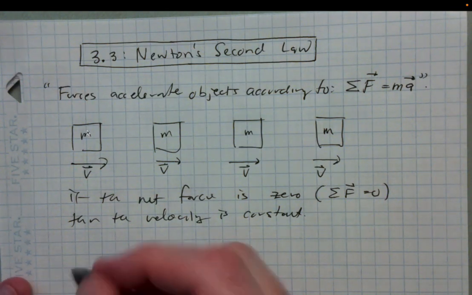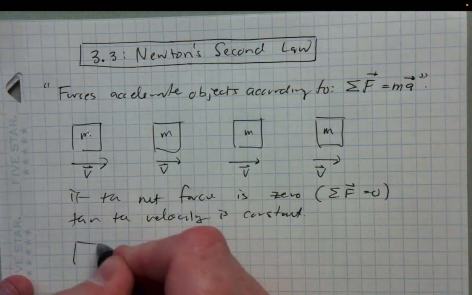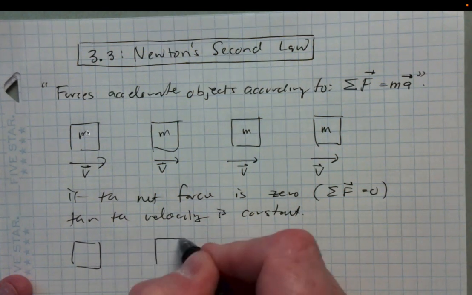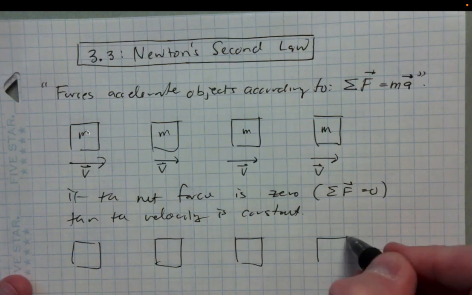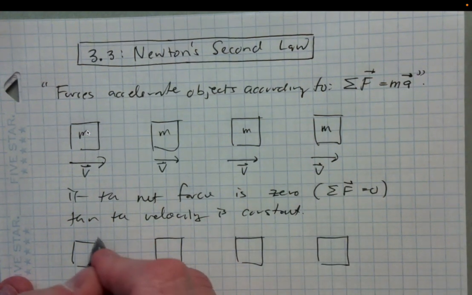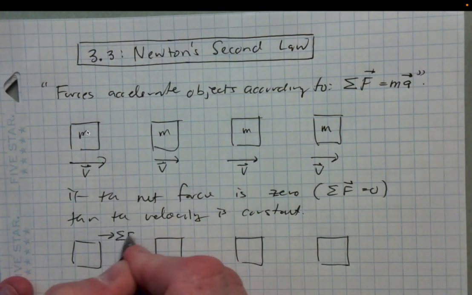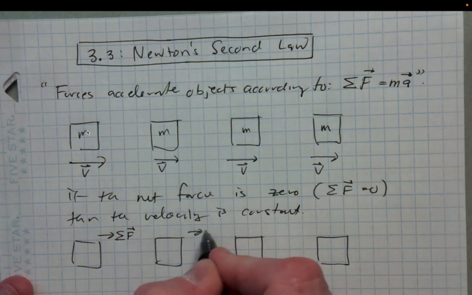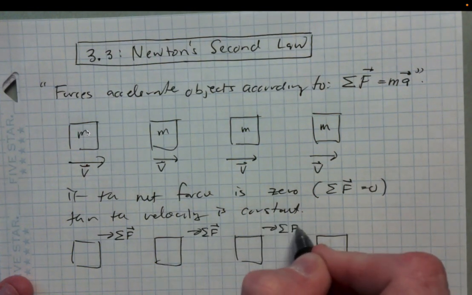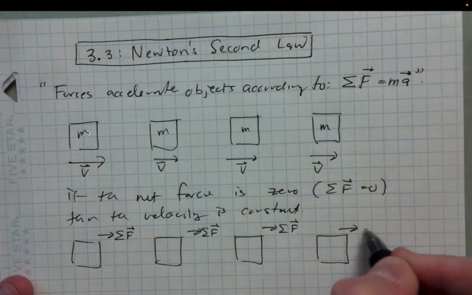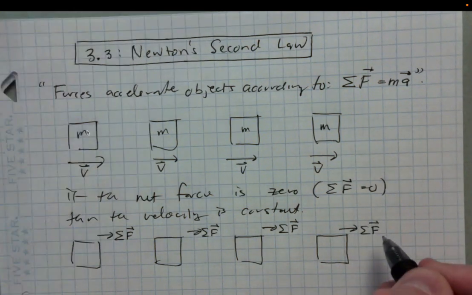Right, now let's consider the same object on a frictionless surface, this time moving under some non-zero net force. Let's say there's some constant force being applied through all of these different time periods, a force off to the right here.